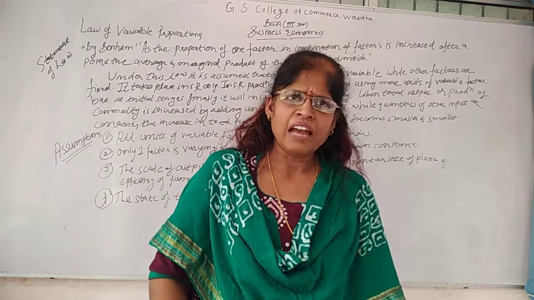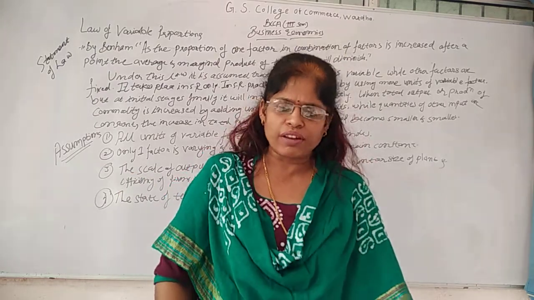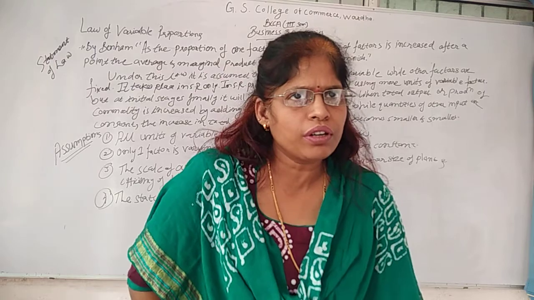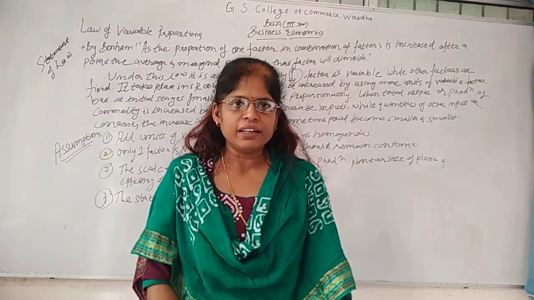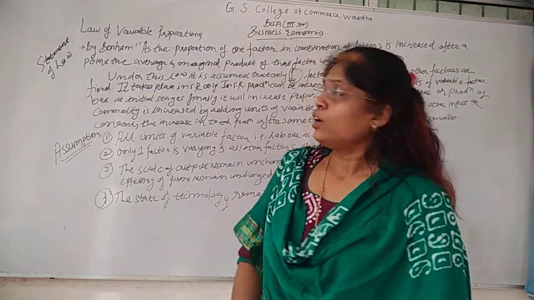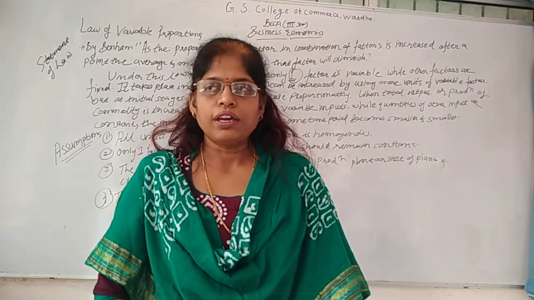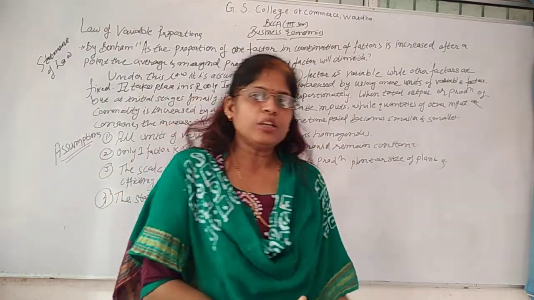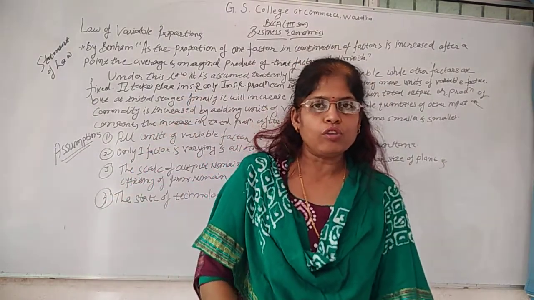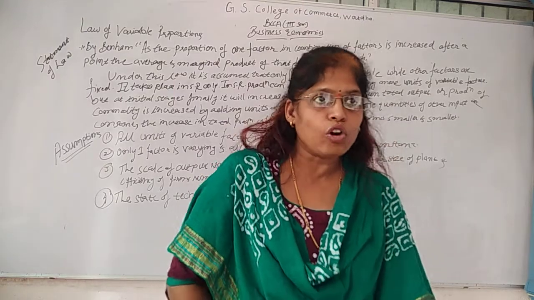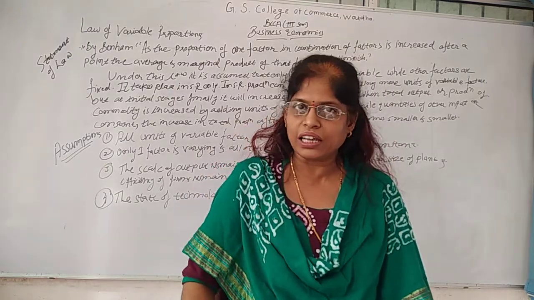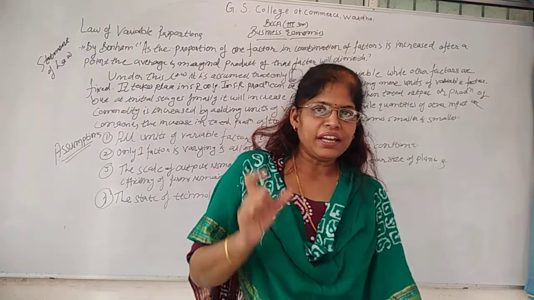Then average product. What we have to study here is the law of variable proportion. In the production process, what kind of advantage is a producer getting, what liberty can he utilize?